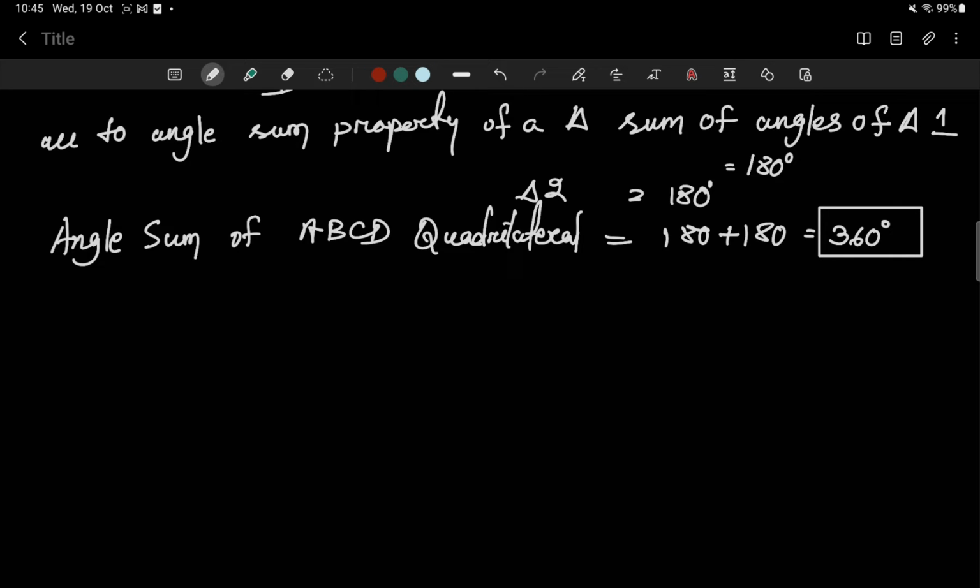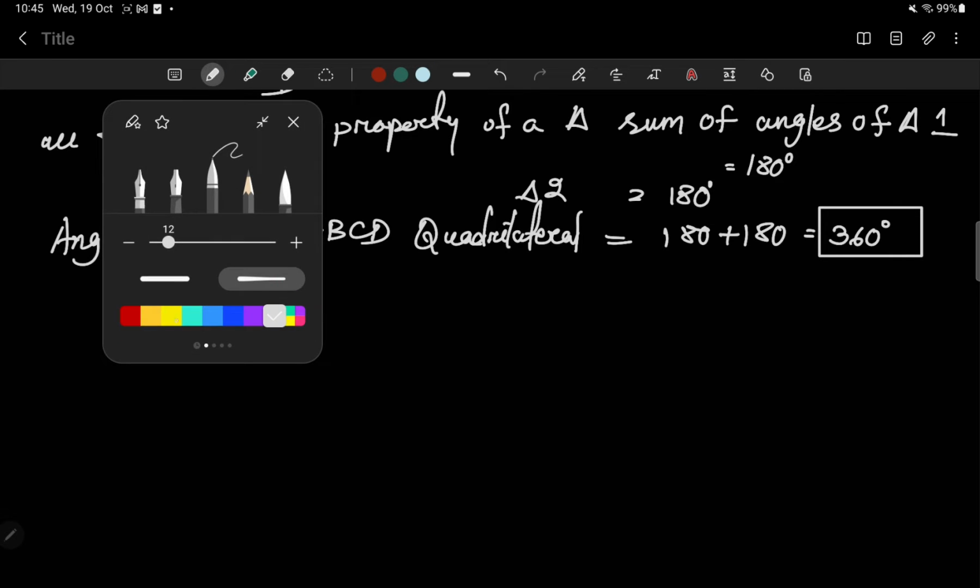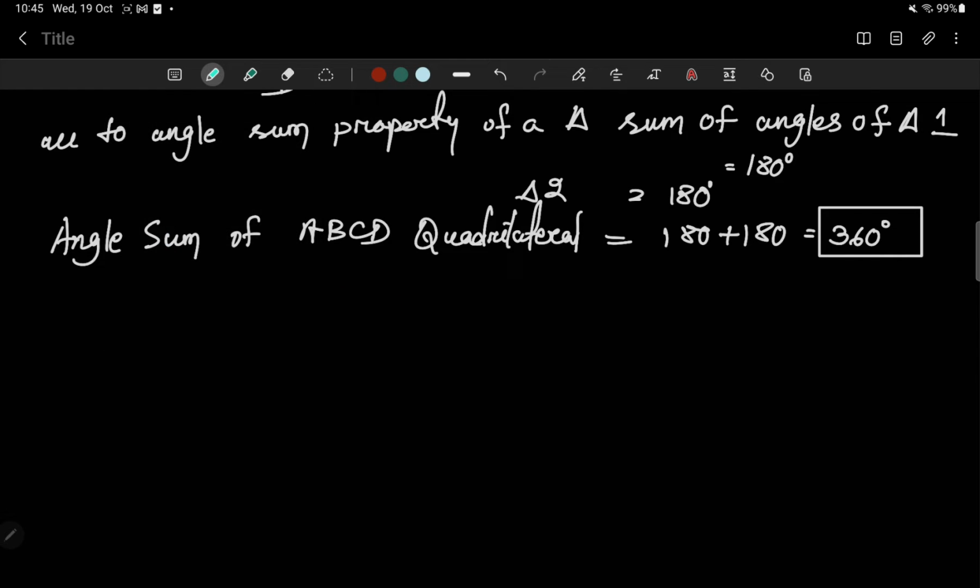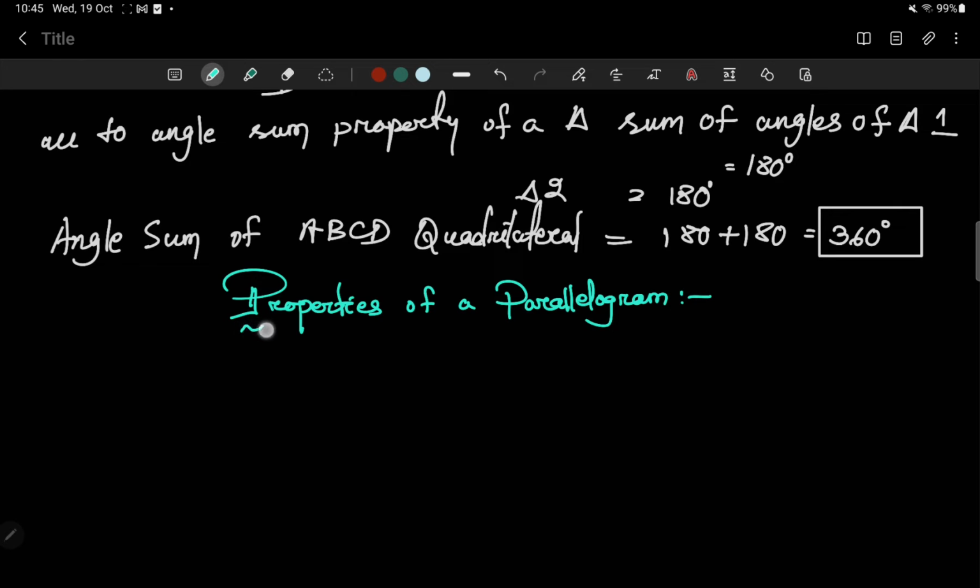So here we will be studying about properties of a parallelogram. What are the properties?